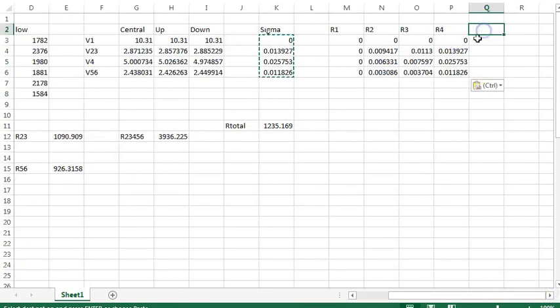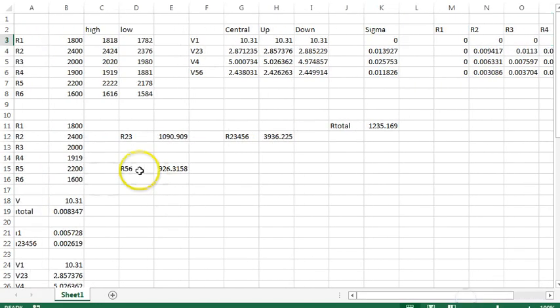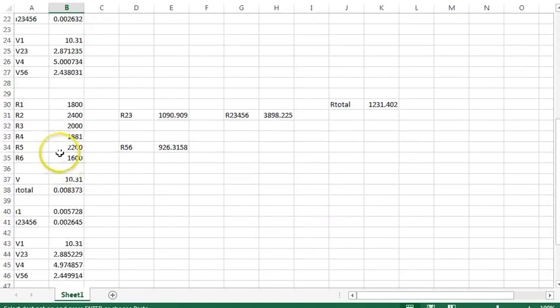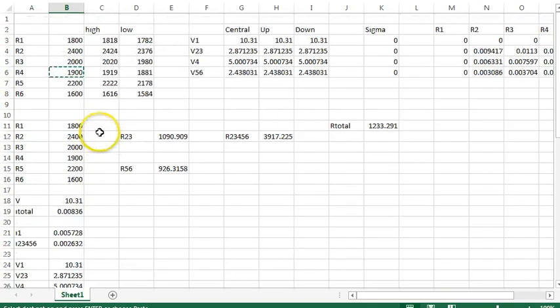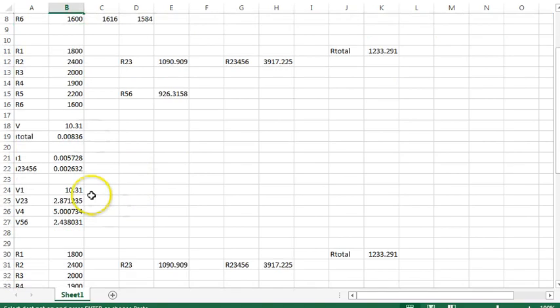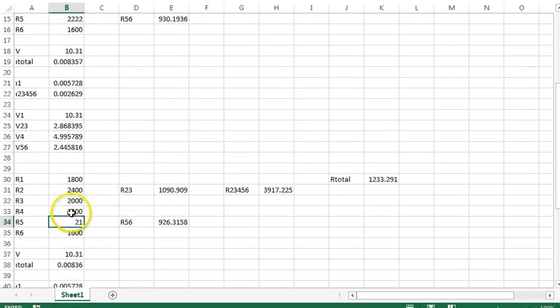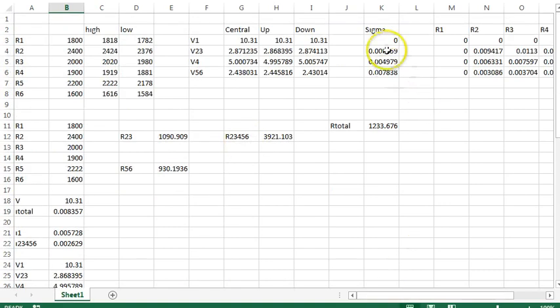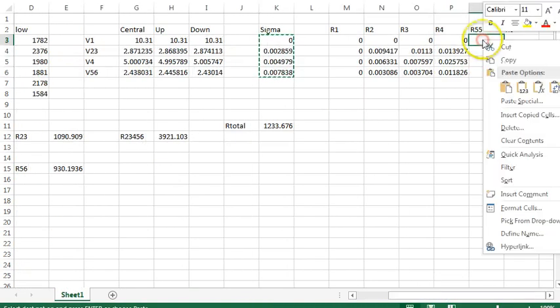All right. Of course, we're going to need to do R5 and R6. Okay, put this back at 1900. Okay, 2222 and 2178. Now we have here the error on R5.